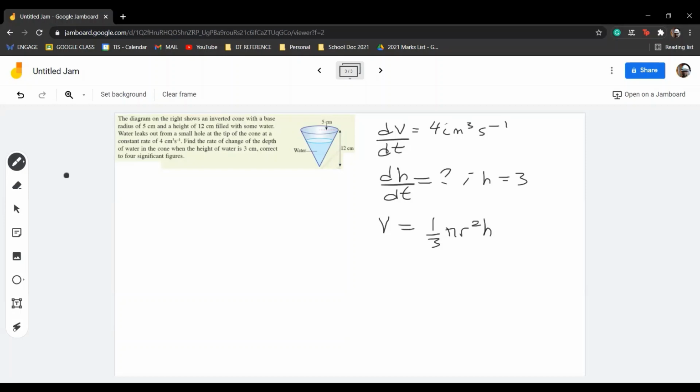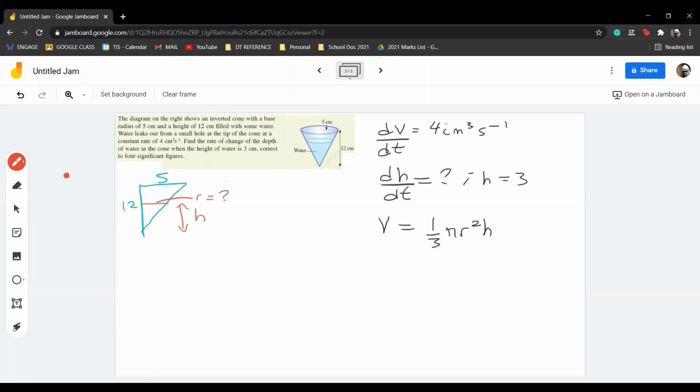Let's look at this cone. I'm going to do the 2D section, meaning what we see from the side view: a cone cut in half is a triangle. Originally the radius is 5 centimeters and the height is 12. Now the water has gone down to a depth of h with a radius of an unknown value.